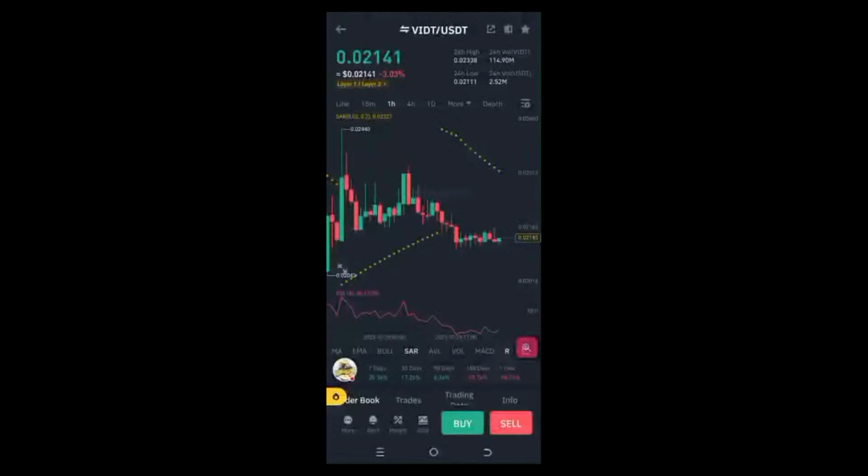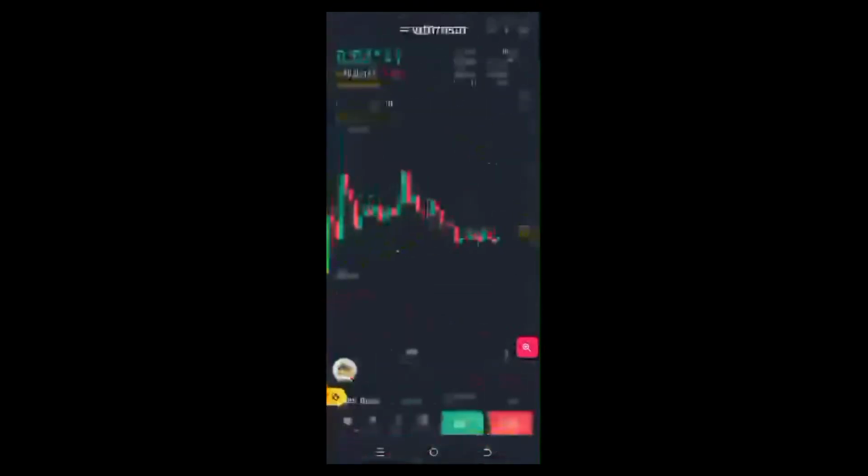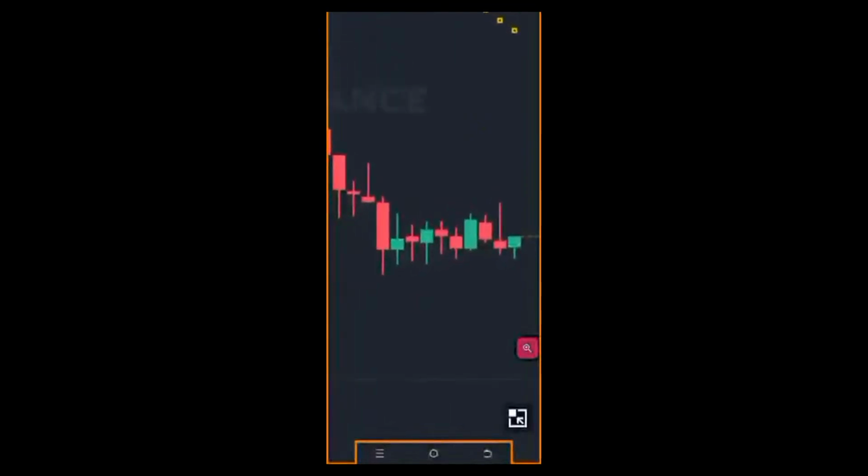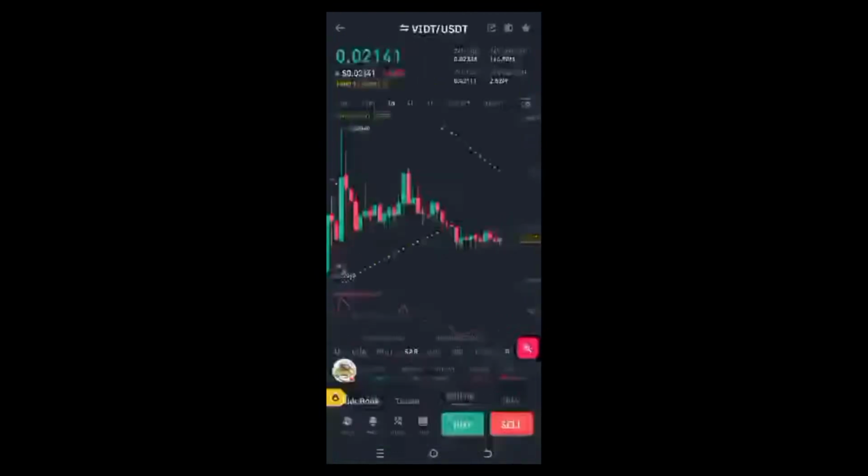It was just at the verge of hitting it and then reversing. That is what we call the parabolic stop and reverse, PSAR. It was just about getting to that point, and we were able to get it executed almost immediately. So it's still trying to find its feet, going in a sideways movement. It has some turbulence, and it's trying to decide whether it's supposed to go up or not.